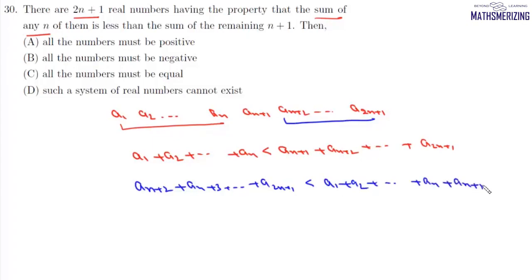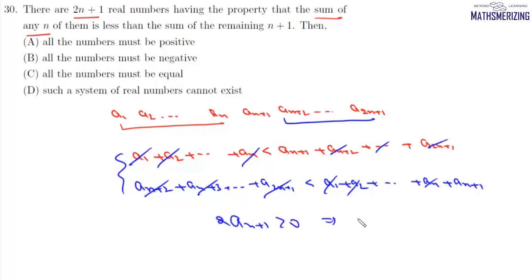Now what we'll do is, we'll add these two inequalities. Now here a1, a2, ..., an will cancel, and here also an+2, an+3, ..., a2n+1 will cancel. So from here we'll get this condition that 2 times an+1 is greater than 0, that is an+1 is greater than 0.